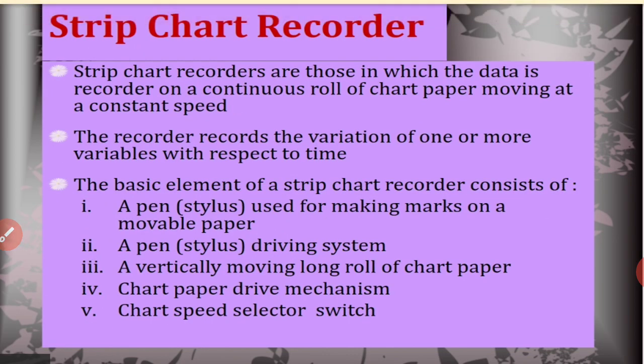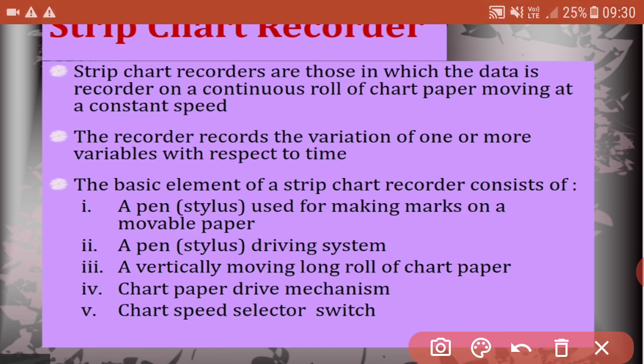Now start with the strip chart recorder. Strip chart recorders are those in which the data is recorded on a continuous roll of chart paper moving at a constant speed.